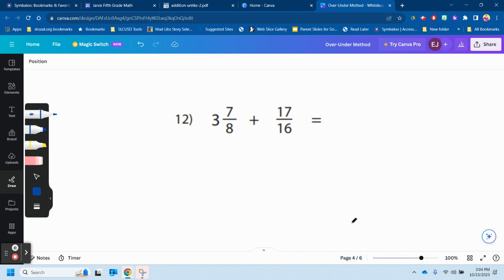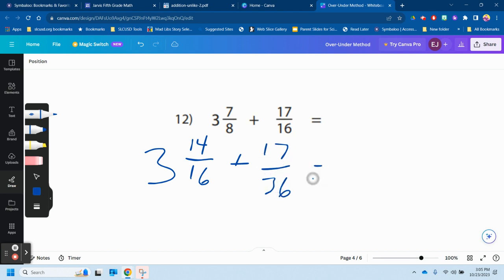Okay, now we have 7/8. We got a little pattern here. 16 is divisible by 8, so I could probably do this in my head, right? I multiply the 8 by 2 to get 16, so I have to multiply the 7 by 2. And I'm going to get 3 and 31/16.